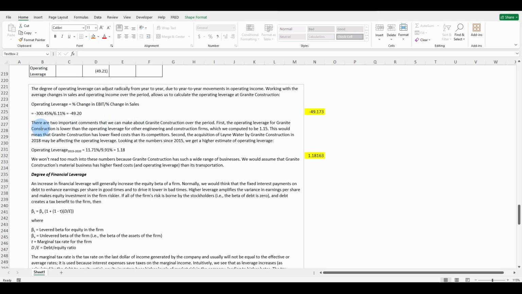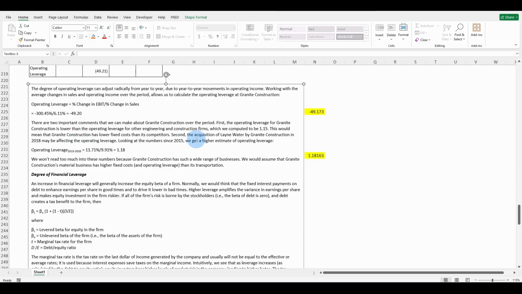There are two important comments that we can make about Granite Construction over the period. First, the operating leverage for Granite Construction is lower than the operating leverage for other engineering construction firms, which we computed to be 1.15. This would mean that Granite Construction has lower fixed costs than its competitors.